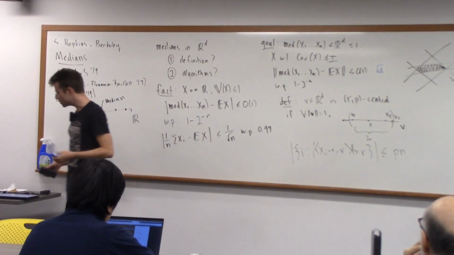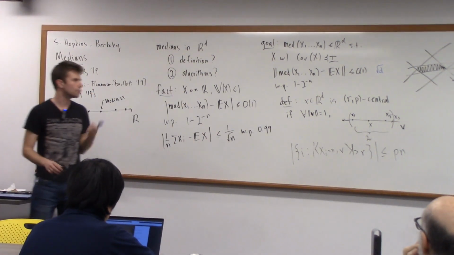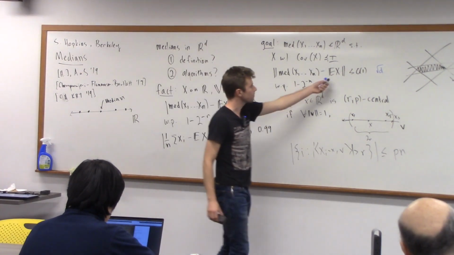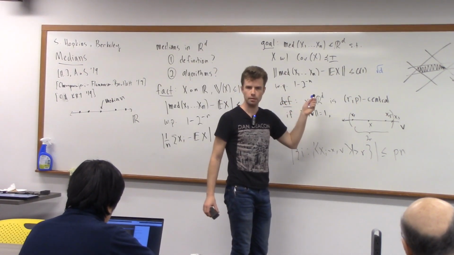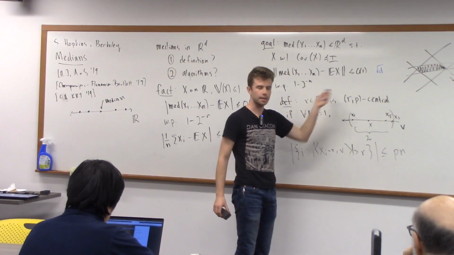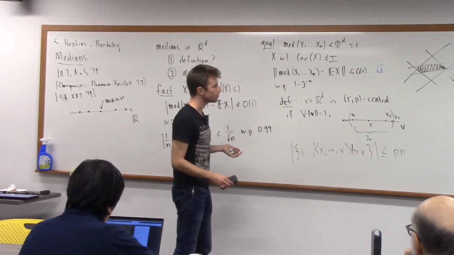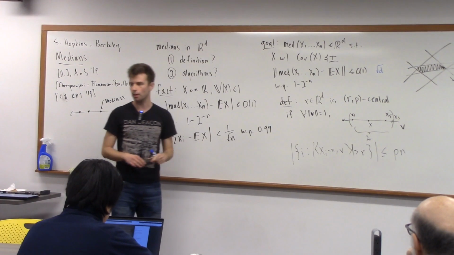But now, you might want to be close to something like the mean of a random vector in some different norm. This was all about getting close in L2. But what if you want to get close in some other norm?